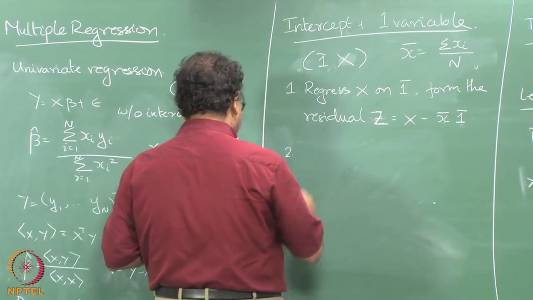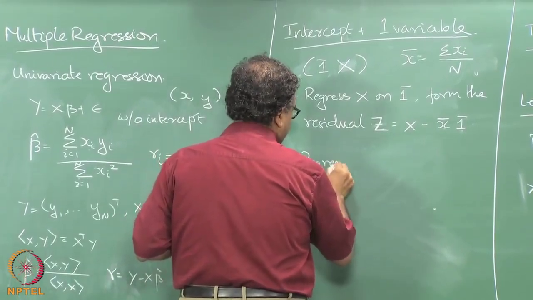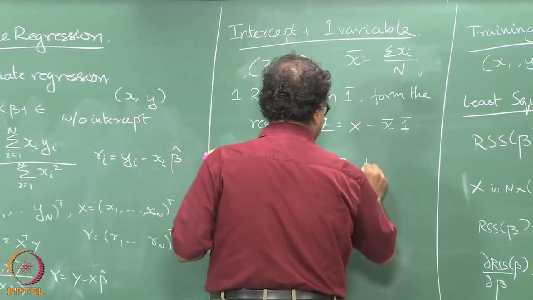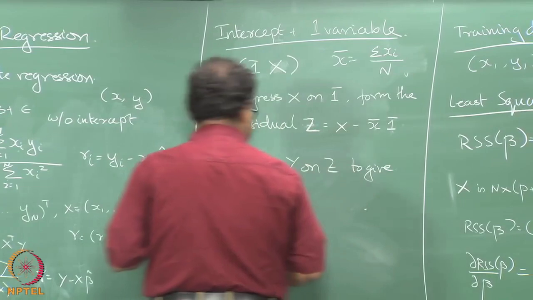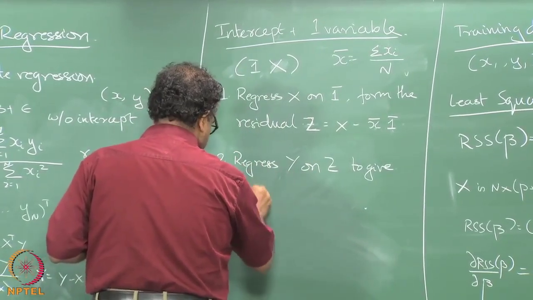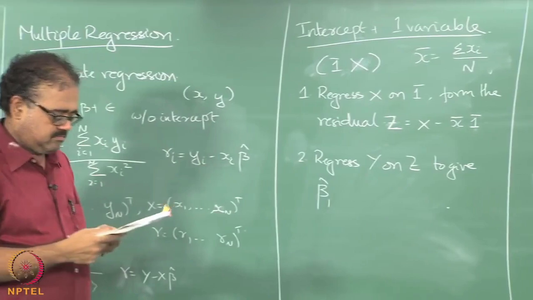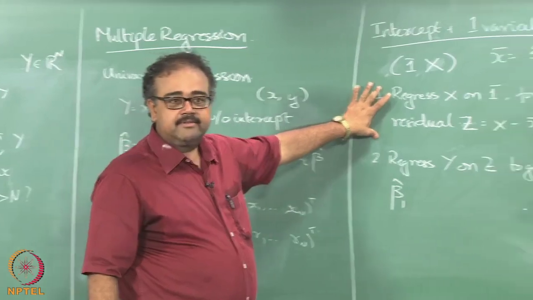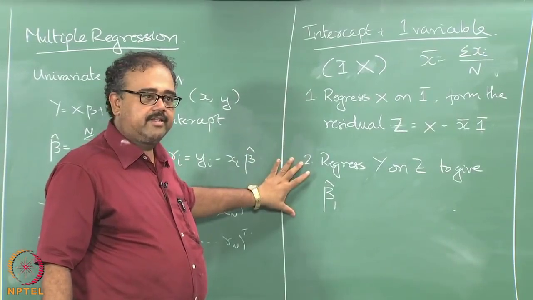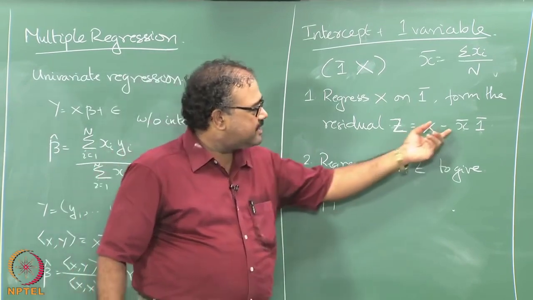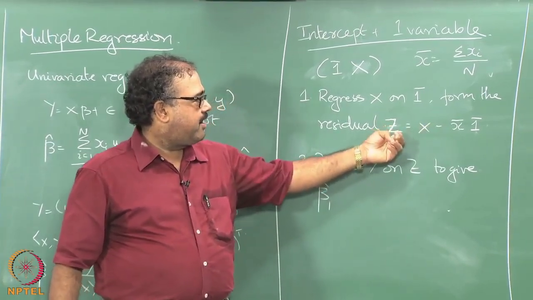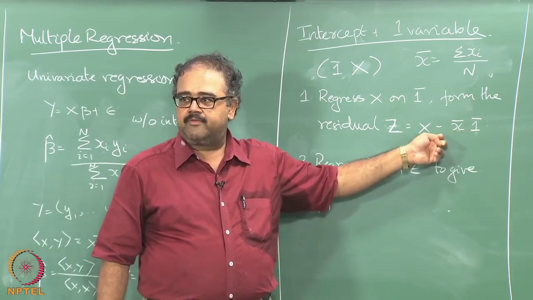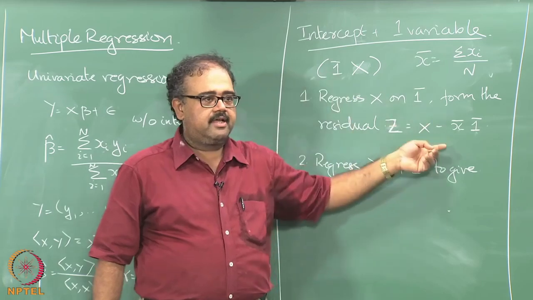The second thing I will do is now regress y on z. This is one univariate regression, and this is another univariate regression. Essentially I have taken the average value out of the input variables, because the average value can be used to predict the average output.